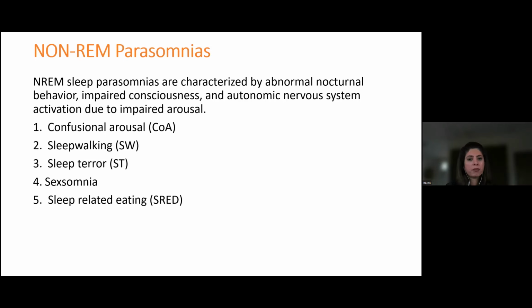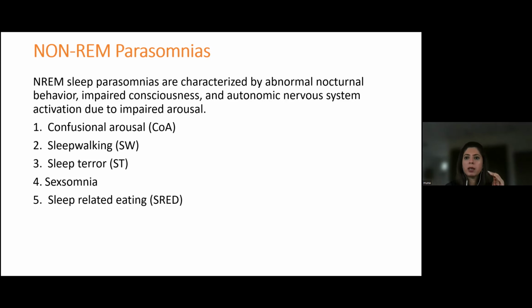Don't worry about the broad definition, but think about this type of nocturnal behavior: people have impaired consciousness, they have partial recollection, and it is associated with some sort of abnormal physical behavior, and sometimes with autonomic nervous system activity.